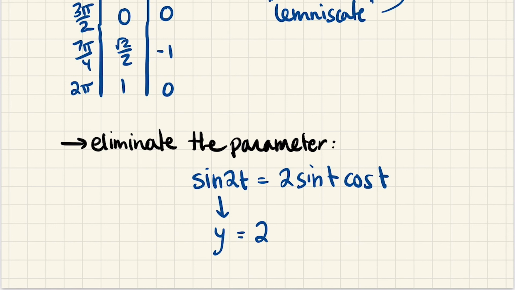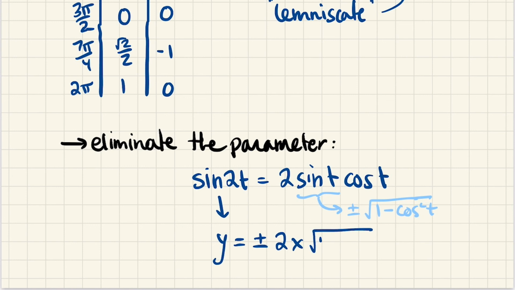Well, cosine of t is simply x, right? What's sine of t? Well, sine of t is plus or minus the square root of 1 minus cosine squared of t. So that would be like writing y here as plus or minus 2x radical 1 minus cosine, which is x squared.